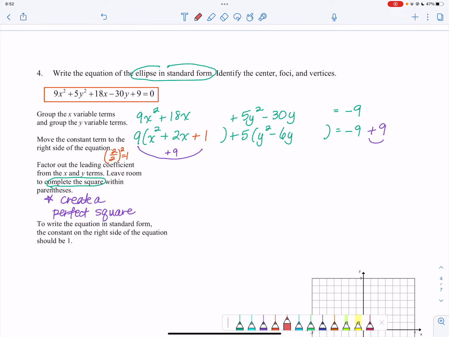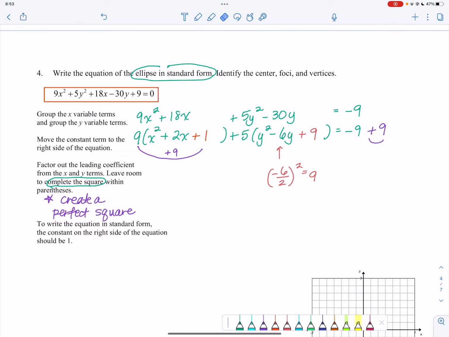We're going to take 5. Let me erase this. We're going to take 5. We're going to take negative 6, whatever this b is. Divide it by 2 and square it. So that would be negative 3 squared is a 9. So this time we're going to add a 9. So what are we going to do now? So half of b and square it is what we add.